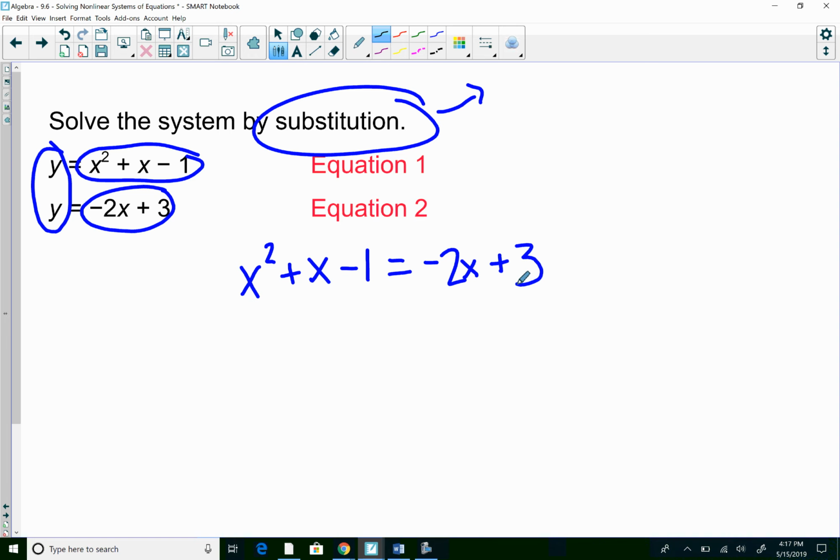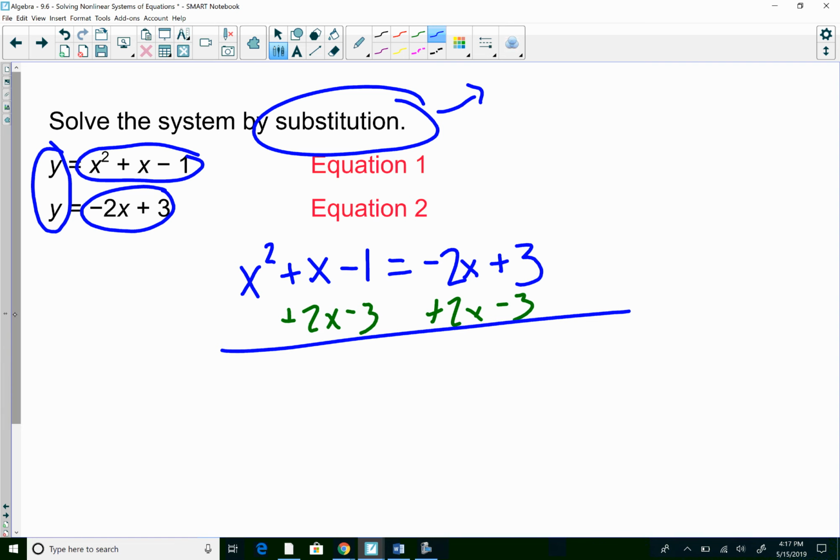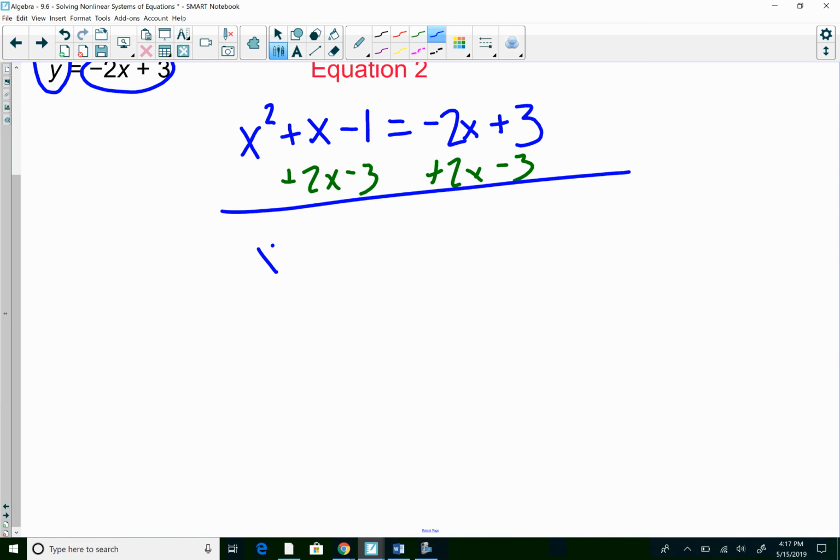And from here, get everything over on one side, because now you just have one variable that you're dealing with. Let's add 2x. Let's subtract 3 and have everything together on one side. So x squared plus 3x minus 4 equals 0.